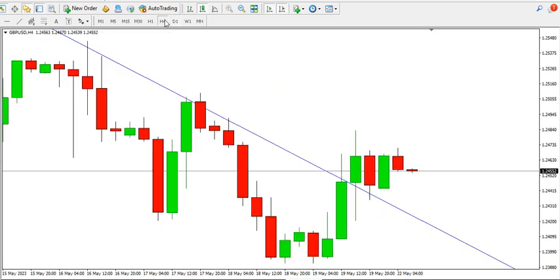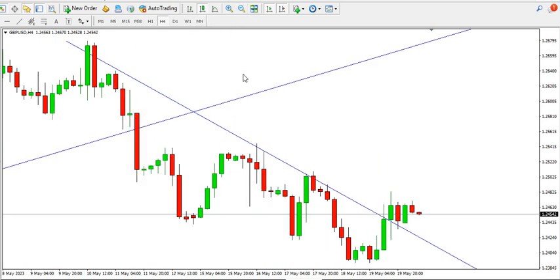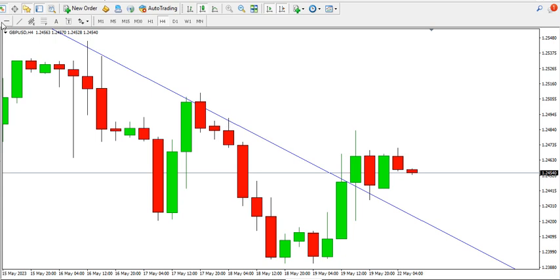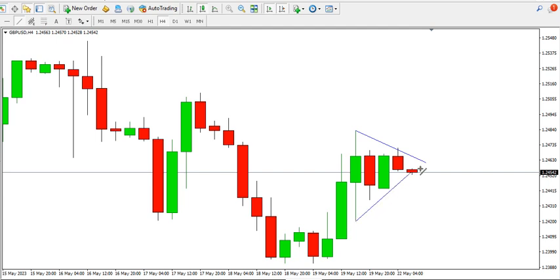Still on GBPUSD, the trend on the 4-hour time frame is bearish. With this range that is happening here, we might want to wait for a range breakout before we take a decision. Just like the way the price of gold is currently ranging, we also want to wait for the price of GBPUSD to break out of this current range.